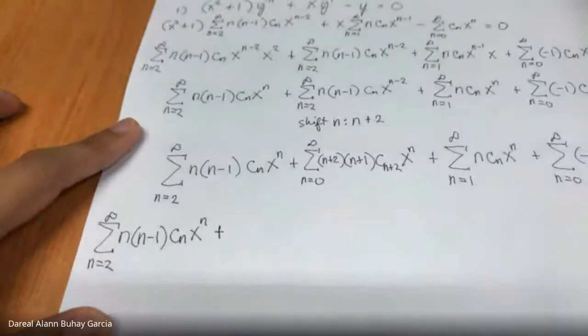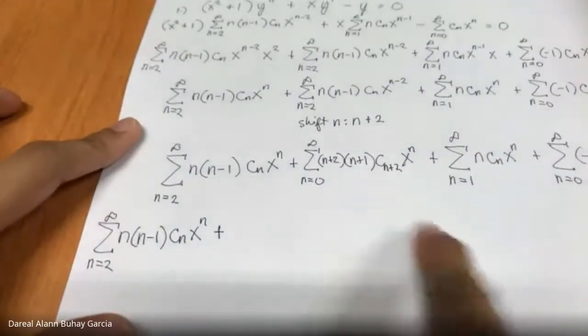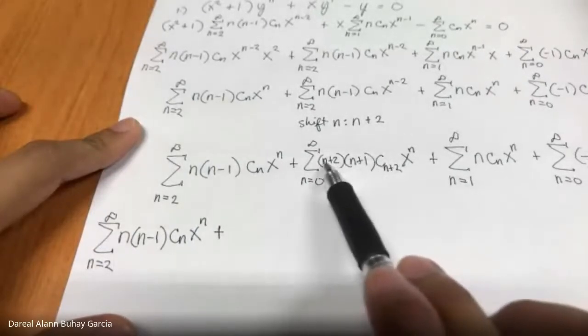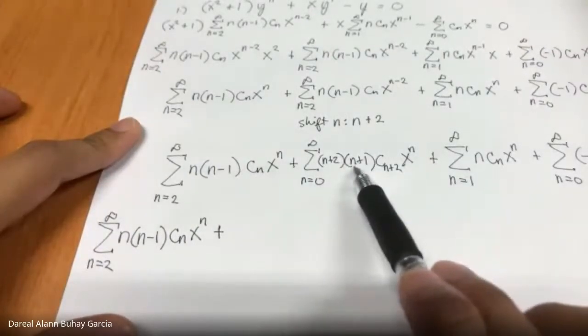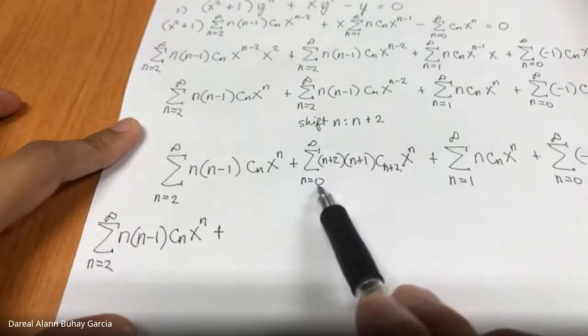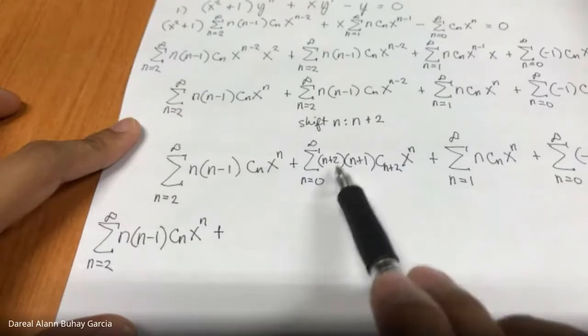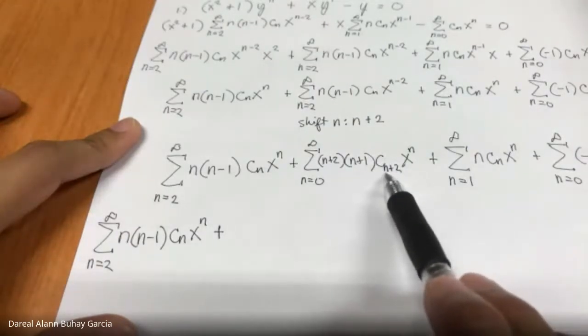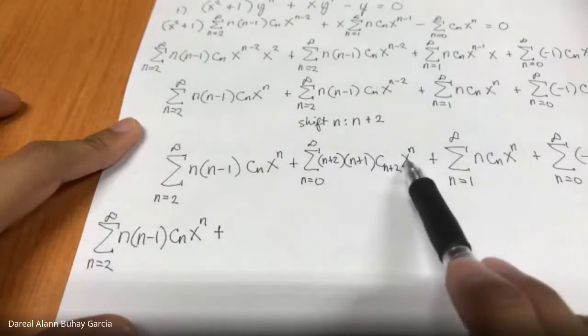Plus. What do you think is the first expression, Ani? Substitute all n's by 0. 0, 0, 0, 0. Para mapagawas si 0. So, 2 times 1, that's 2. C, 0 plus 2 is 2. X squared.